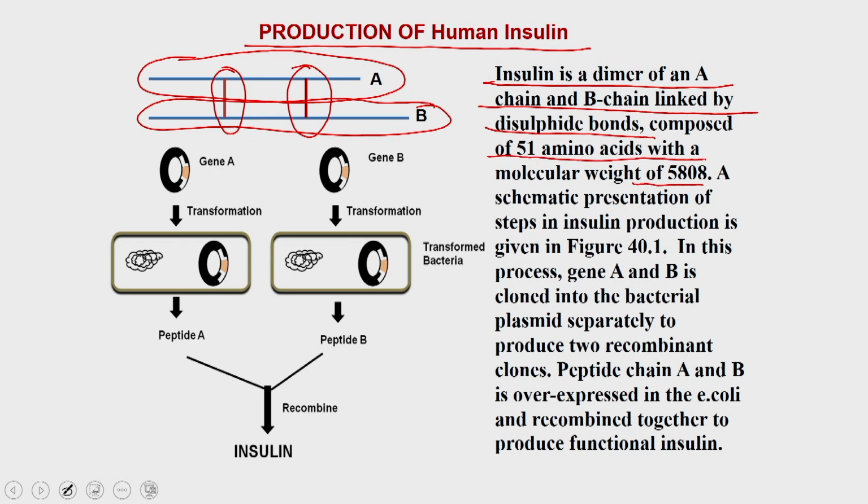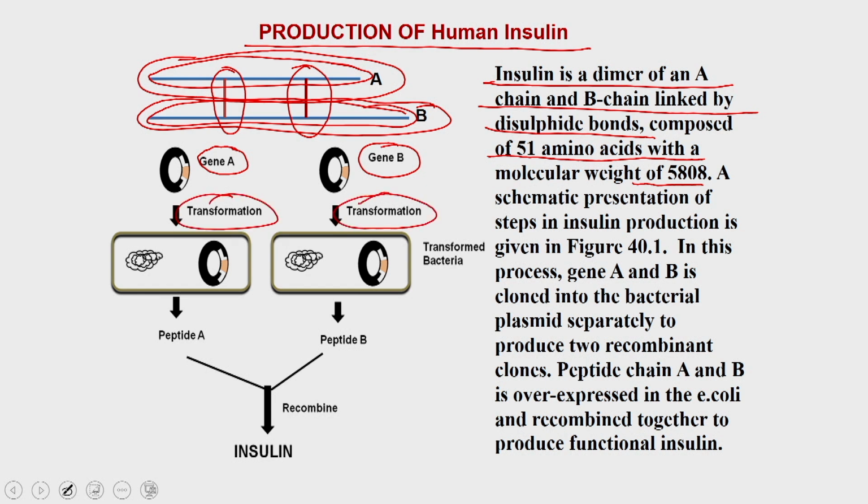the B chain. So, if you want to produce human insulin, you first have to clone gene A, which corresponds to this peptide chain, then clone gene B in a separate clone, which gives you the other peptide. Then you transform the recombinant DNA containing gene A as well as gene B into the bacteria, induce the bacteria, and produce the proteins.